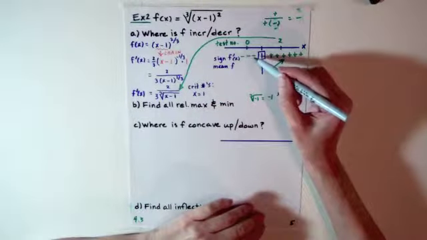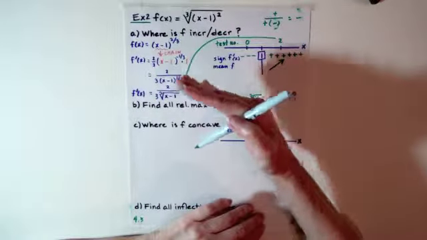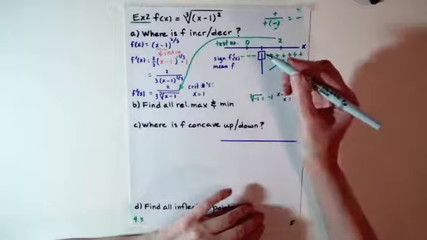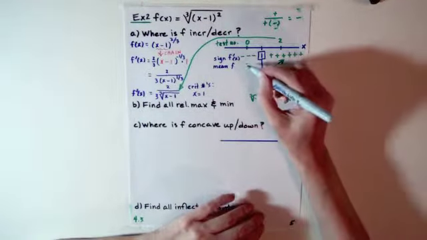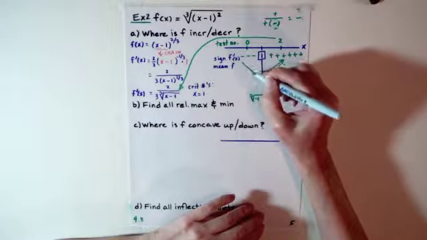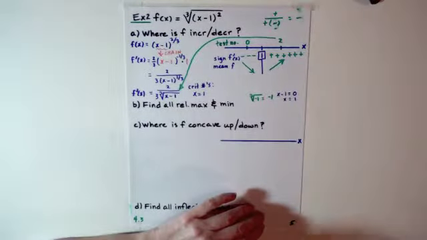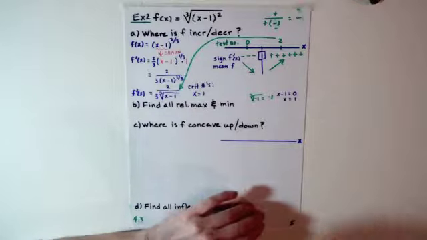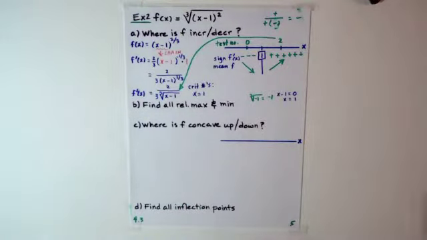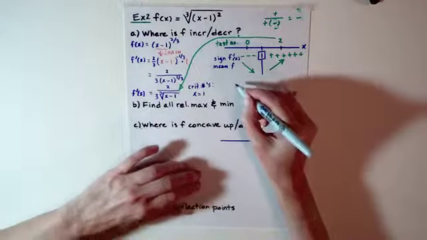When f prime is negative, it means slopes of your tangent lines are negative. The only kind of function that can have negative tangent line slopes is one that is going down, in other words, decreasing. And again, we indicate that schematically with just a little arrow that goes down. So now we found the intervals on which f is increasing and f is decreasing. Let's see if we can write them out nicely.